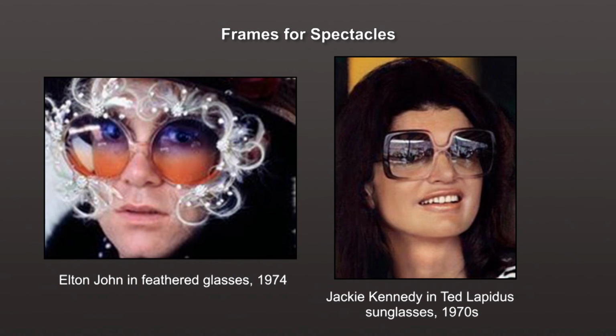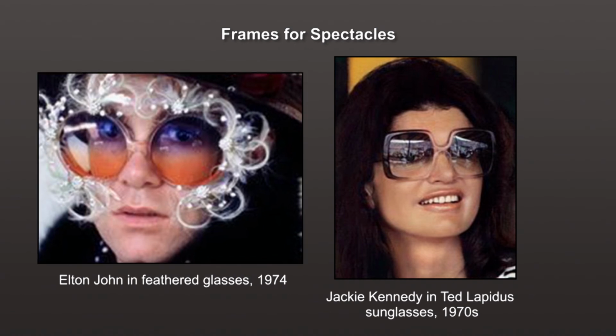The third picture shows a picture of Elton John, who is an English singer and composer. Please note that the sunglasses worn by Elton John have very interesting decoration with feathers around the glasses.